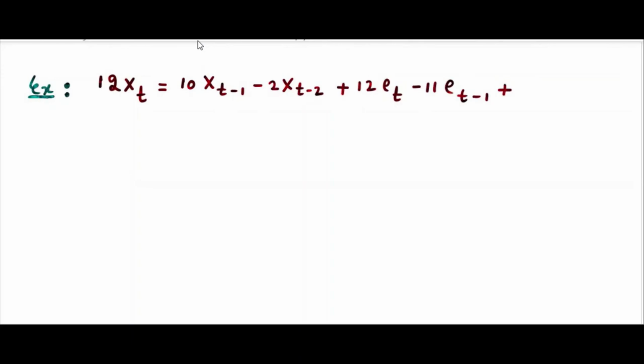(11 ET minus 1, 2 ET minus 2). Okay, so we have never seen coefficient here. This is the question.